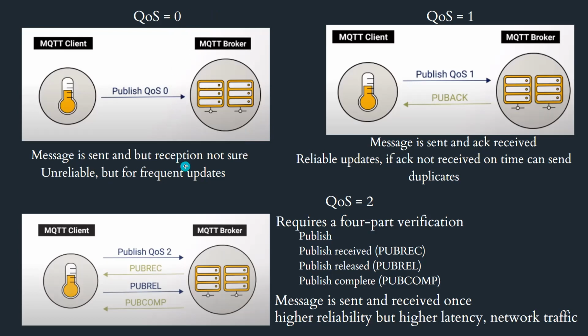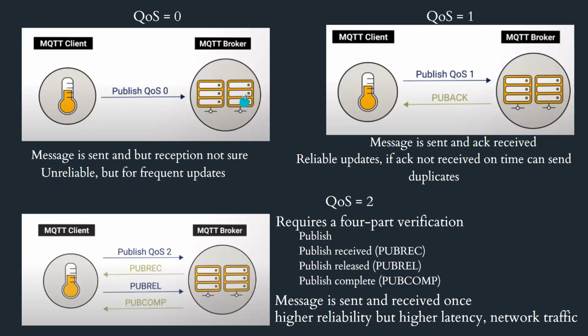QoS level 0 is very simple, where you are only concerned about sending the message to the broker. If you have some temperature data, the client will send the data to the broker, and the broker will receive the data. But in some instances, the broker might not even receive the data. So both things can happen.